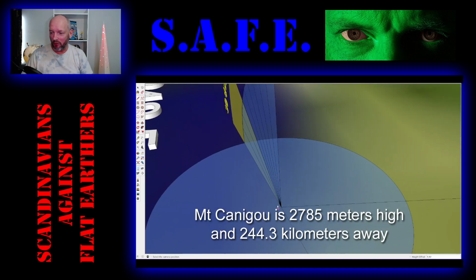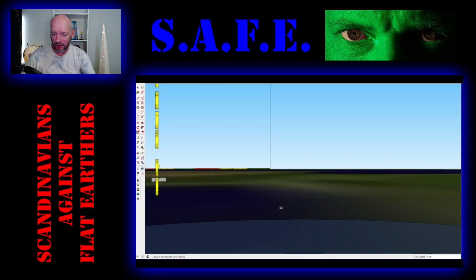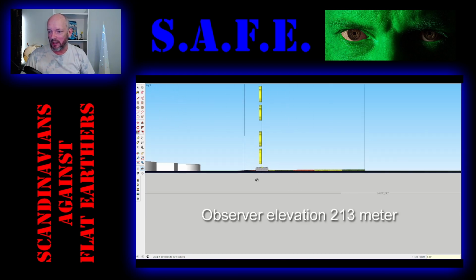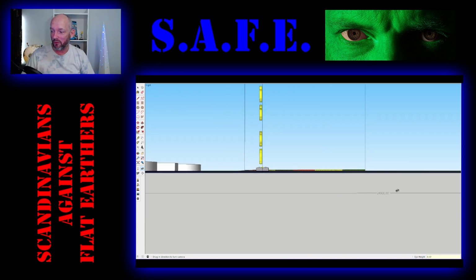Let me put the observer down here. Now, as you see, there's a cutoff here because this is a really big model, so the cutoff to the camera is here. But this is just about the height of Mount Canigou, and the sun is behind there, just as in the observation. The sun is behind the mountain.